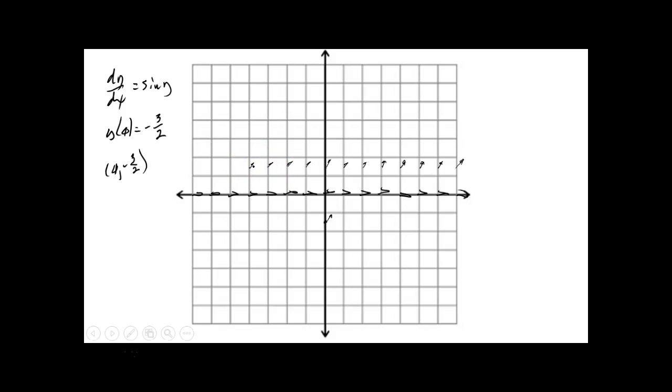Now, that's what makes me a little suspicious. Go back and do your evaluation: did you put a negative 3/2 in there when you did it? Let's go back and do sine of negative 3/2. I think you gave me sine of 3/2.